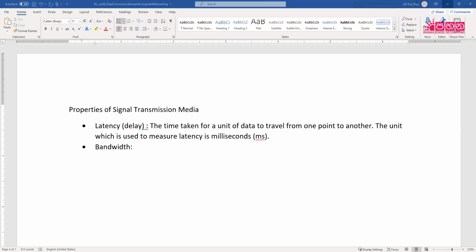So there are a couple of bandwidths. So we will talk about both of them. If we talk about the analog bandwidth, it means the range of frequencies that we could use.